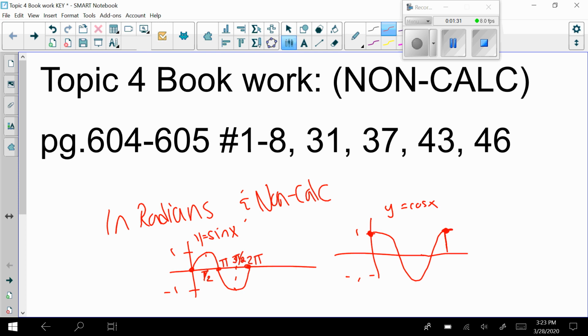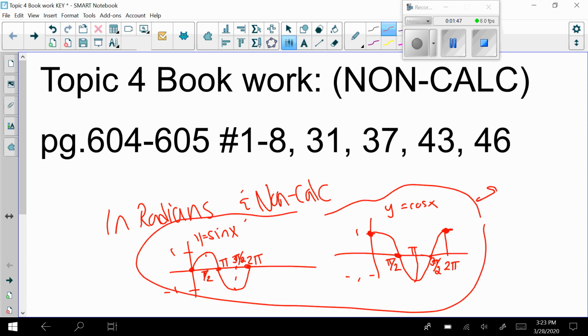So again, this is the cycle of 2 pi, which means cosine hits its minimum at pi, and the zeros are at pi over 2 and 3 pi over 2. So these should just be memorized. If you don't have them already, you should be able to draw them, picture them quick. So slow that down if you have to, go back, do it again, and make sure that makes sense to you.